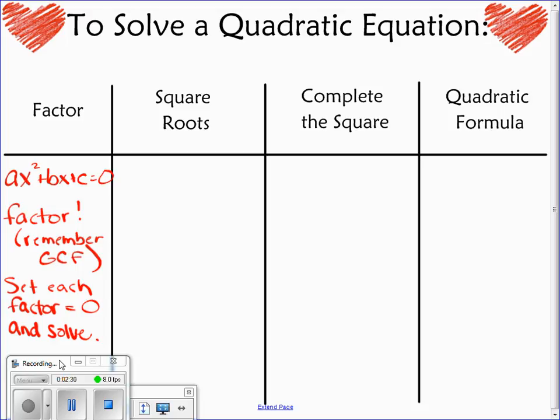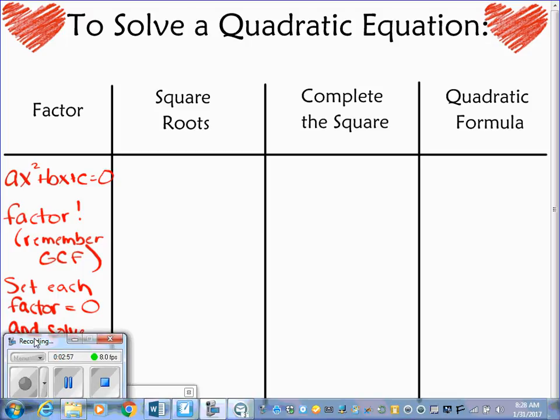And then you'll have a last section that says solve using any method you want, but you have to use each method at least once. Now, these 4 methods, not everything can be solved with all 4 methods. So we're going to have to learn how to recognize what works and what doesn't. Because does everything factor? No, not everything factors. So we're trying to figure out, well, what do I do if it doesn't factor? What are some other options? First option we're going to learn today then is your square root method.